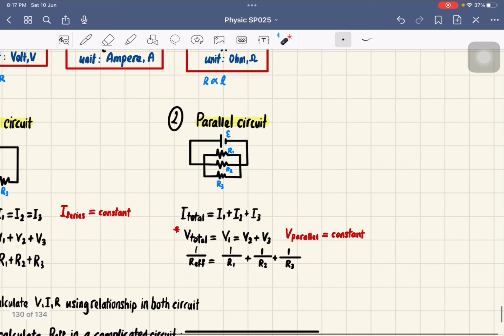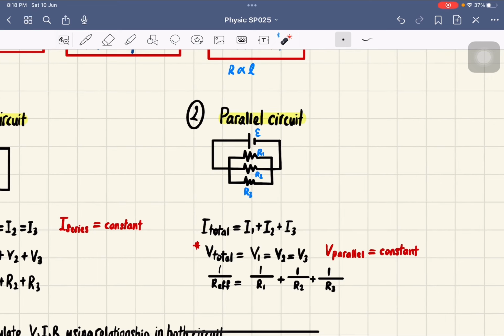Then for parallel circuits, the I total is equal to I1 plus I2 plus I3. The V total for the parallel circuit is always constant, which means V1 equals V2 equals V3. Then the R effective of the parallel circuit is 1 over R effective equals 1 over R1 plus 1 over R2 plus 1 over R3.